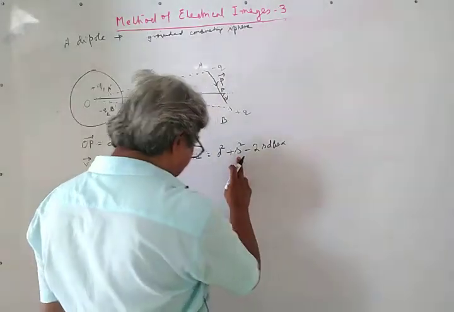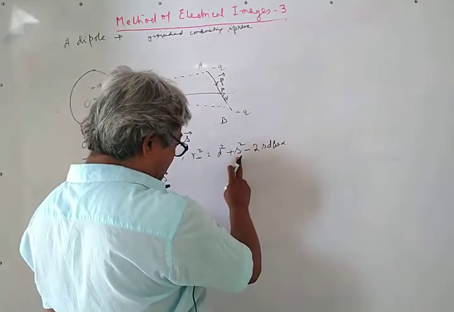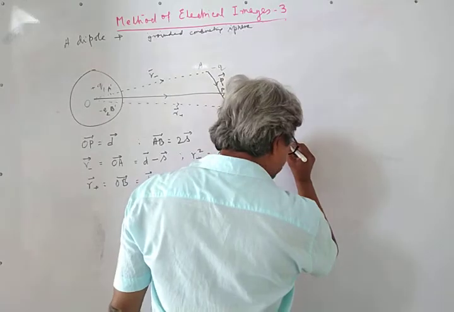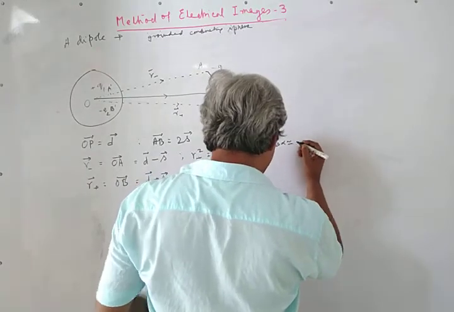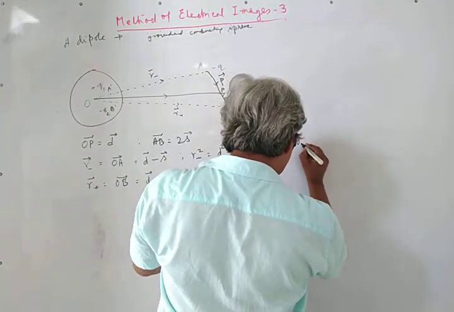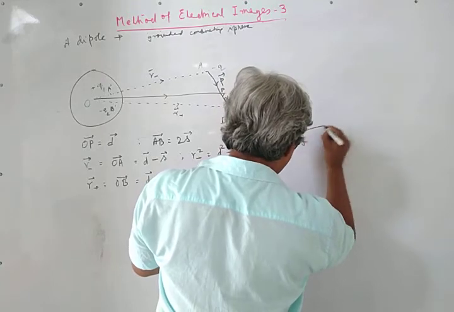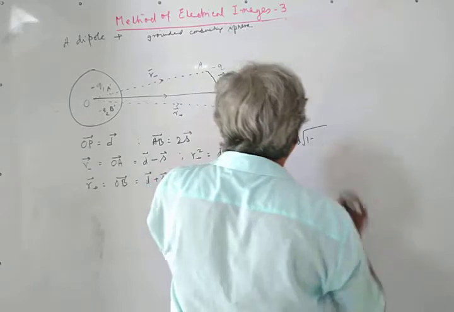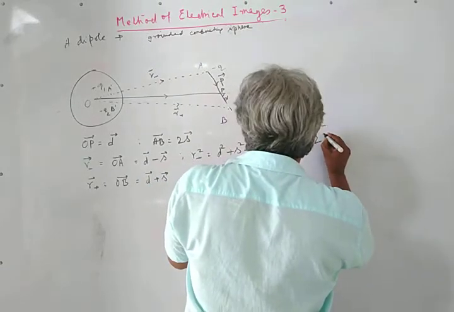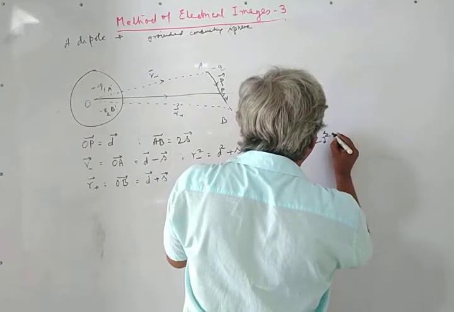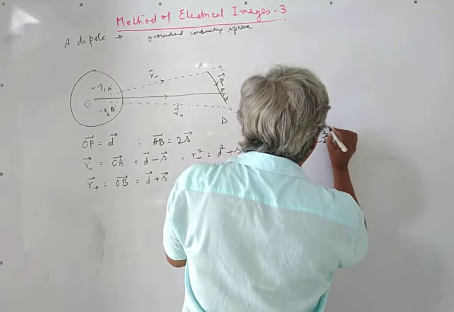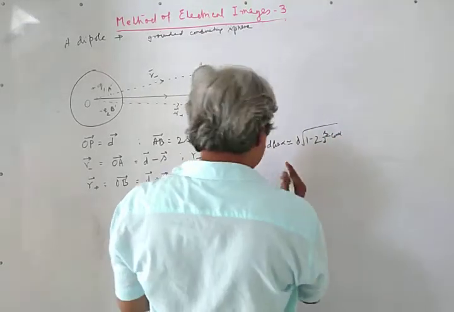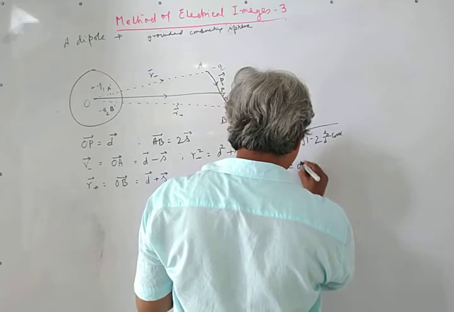And we can neglect S square in presence of D square, so this approximates to, if we take D out, similarly this term approximates to D.